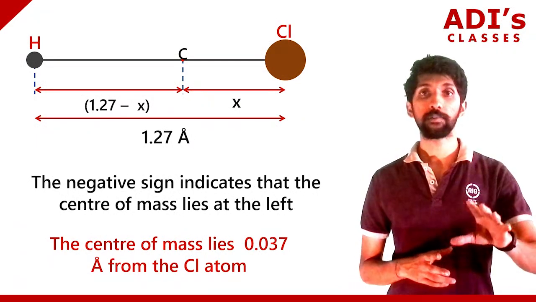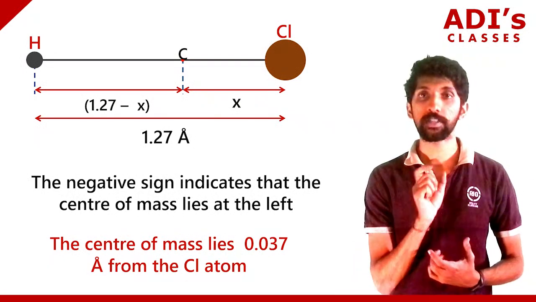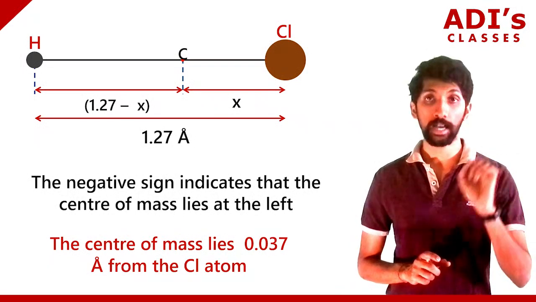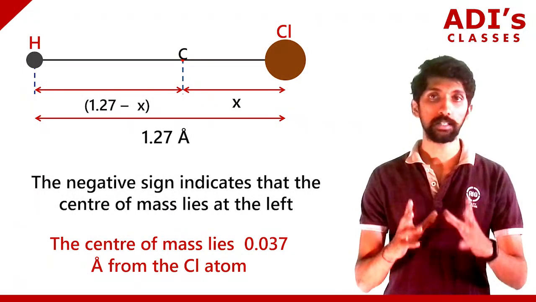So whenever we have the HCl molecule, the center of mass of the HCl is 0.037 angstrom left of the chlorine atom. So this is the given answer.